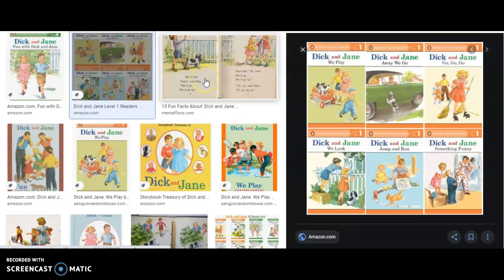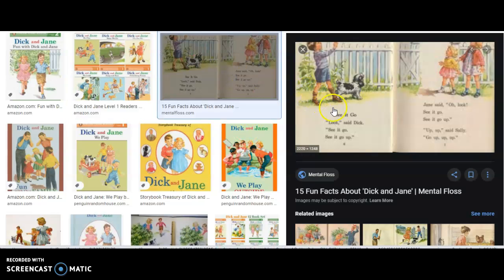Very picturesque. It wasn't until the 1960s that they added a black family to the Dick and Jane experience, and we're not really going to talk about that. But I do want to point out, we talked about how the Dick and Jane readers were very simple and repetitive because they were meant initially to teach children how to read.